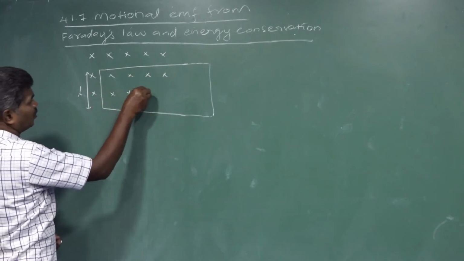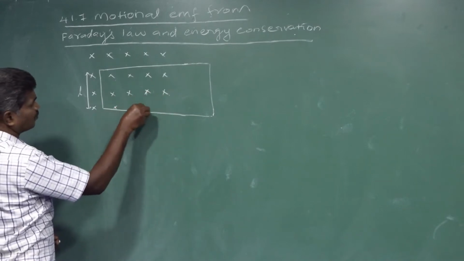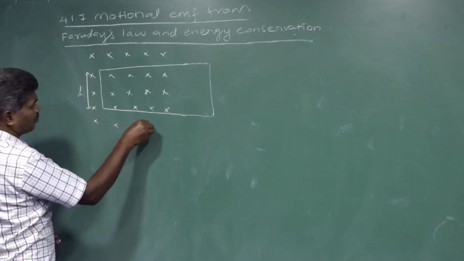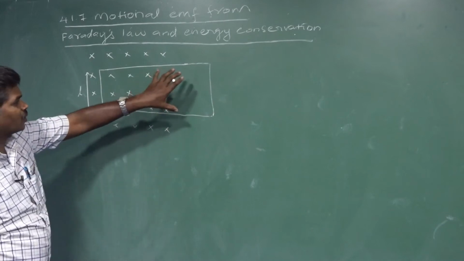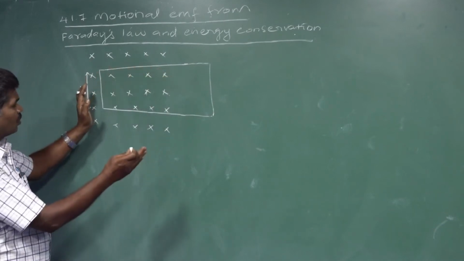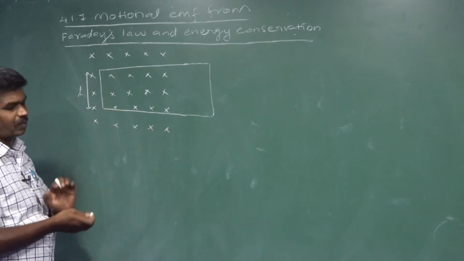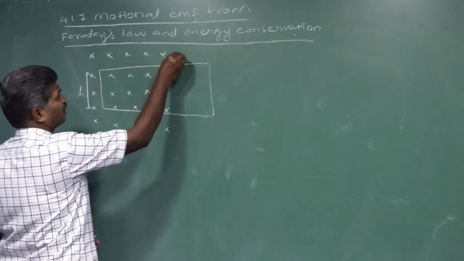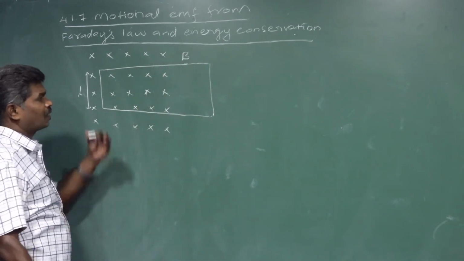One part of the loop is inside the magnetic field, and the remaining part is outside. The magnetic induction can be taken as a certain value, B.